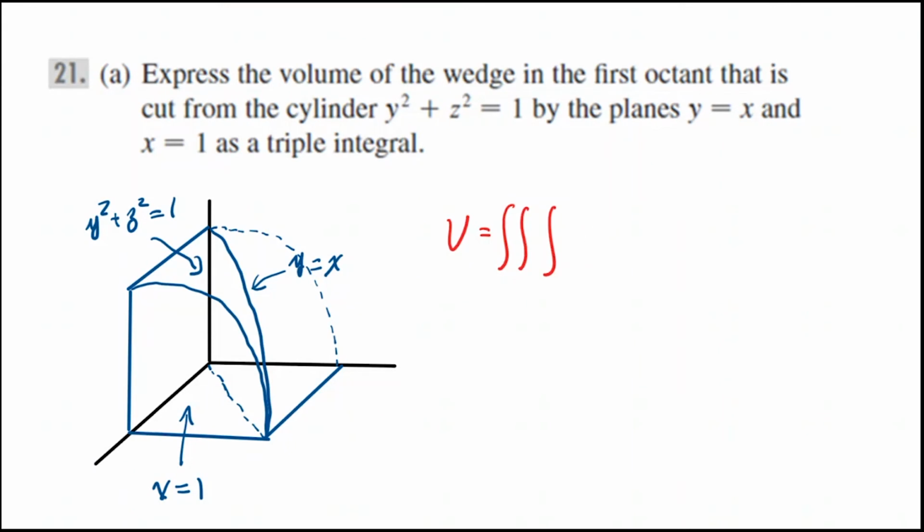Remember, this thing runs from surface to surface. So do you want to go from here? If you want to do z first, you have to go from the bottom here to that surface. You know what I'm saying? And the region on your xy plane is that triangular shape. Or do you want to go from this bottom part to there, right?